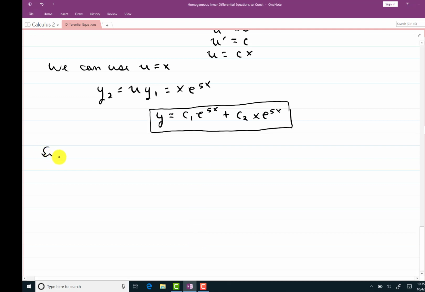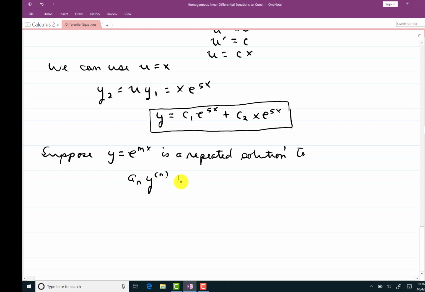Suppose y equals e to the mx is a repeated solution to a sub n times the nth derivative of y, plus a sub n minus 1 times the (n minus 1)th derivative of y, and so on, plus a1 y prime plus a0 y equals 0.